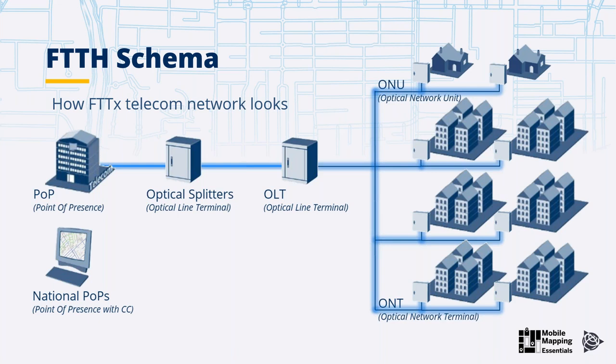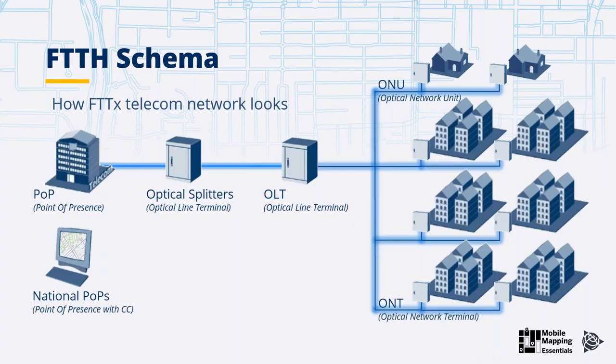From the national POP, we go to more localized POPs, which could be a number per city or POPs by districts, creating the connections to the houses or the buildings of the end users. From the POPs to the houses or buildings, you then have a number of in-line optical splitters, which distribute the network all around the country.